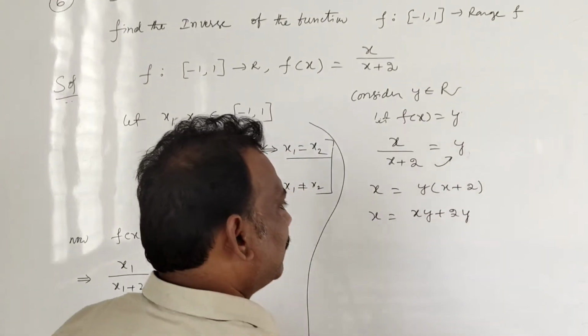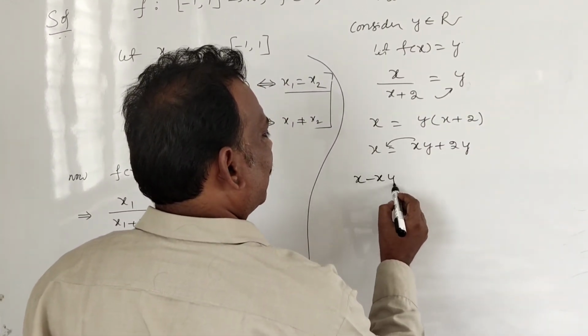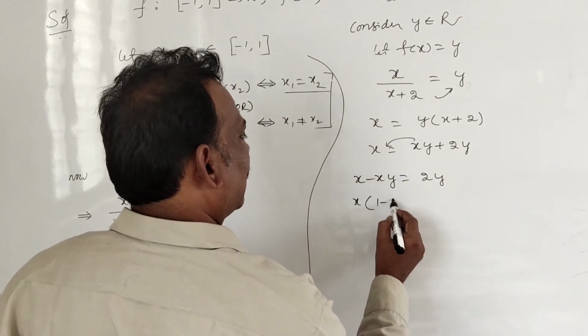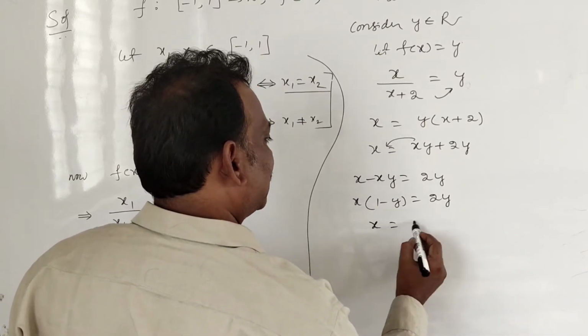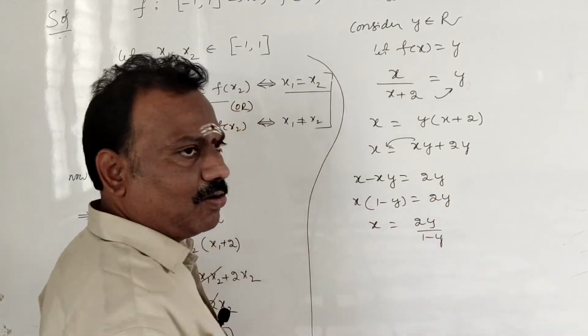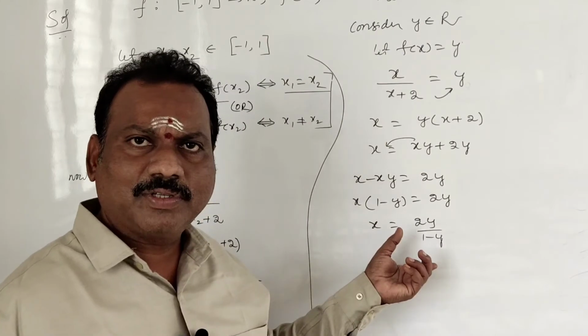That's why you bring this term to the left side: x minus xy is equal to 2y. You can take x common factor, x times 1 minus y is equal to 2y. So x is equal to 2y upon 1 minus y. Now the entire problem is in terms of y, that means in terms of codomain.